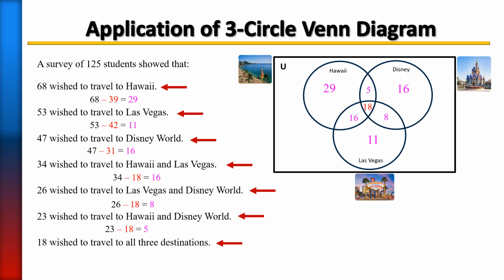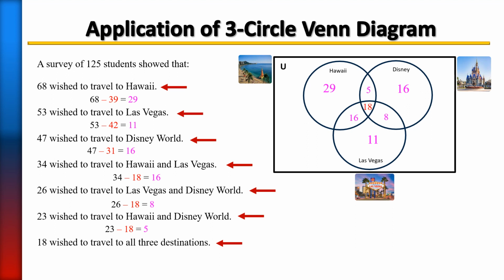All right, so the last thing we need to do now is to identify those who did not wish to travel to either of these destinations. In other words, are there people that are outside of these circles? So first of all, you would have to count up all the numbers of all the people that are in the circles.